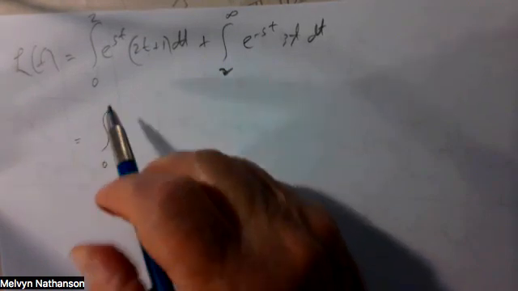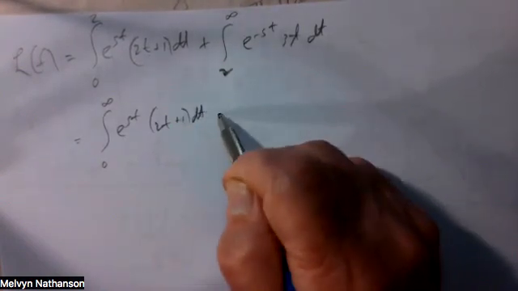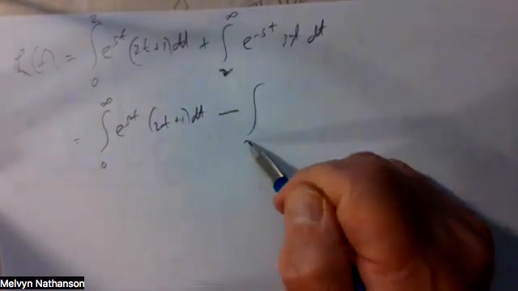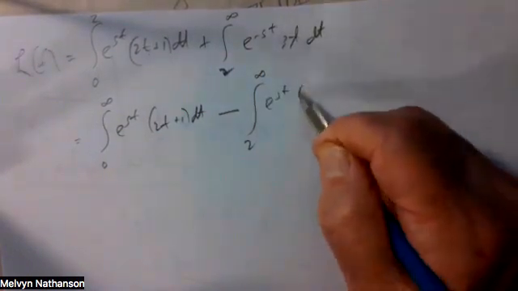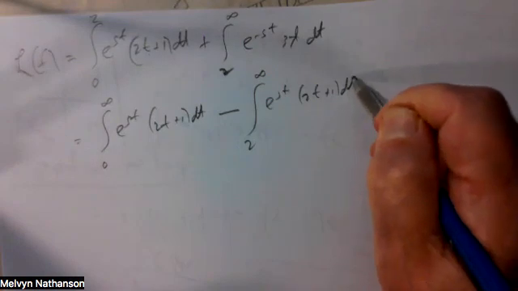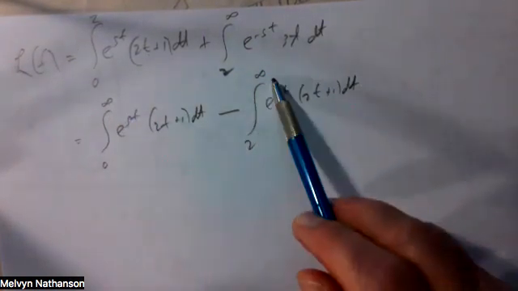So if I extend this integral to infinity, this would be the integral from 0 to infinity of e to the minus st, 2t plus 1 dt, minus the integral from 2 to infinity of e to the minus st, 2t plus 1 dt, right? Because if I go from 0 to 2 and then 2 to infinity, I have the integral from 0 to infinity. So that's what this first integral is.